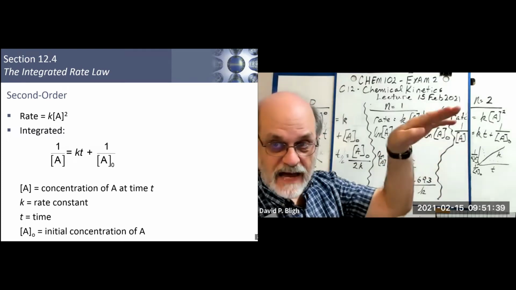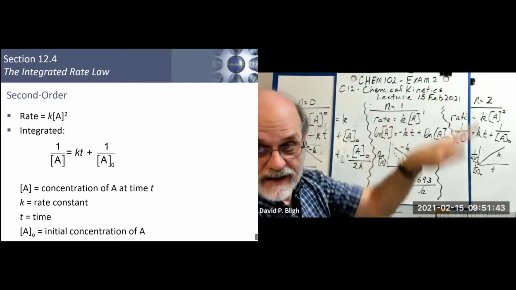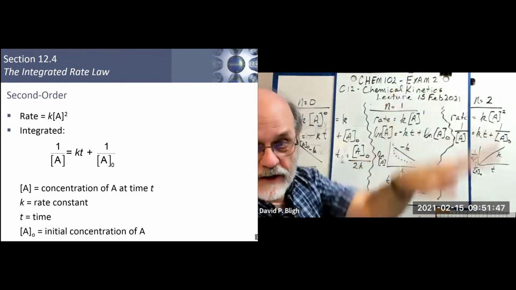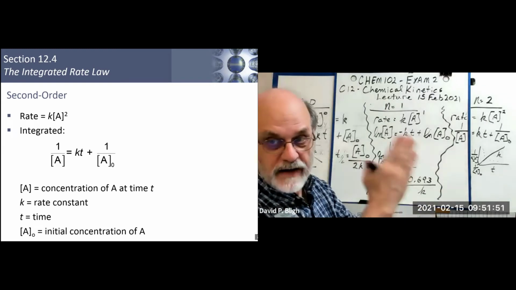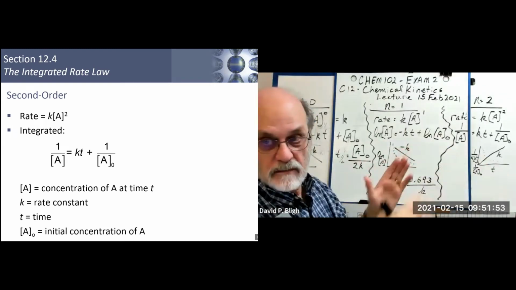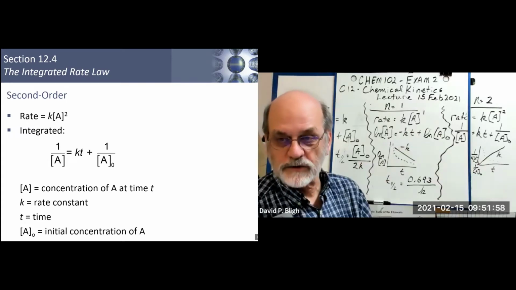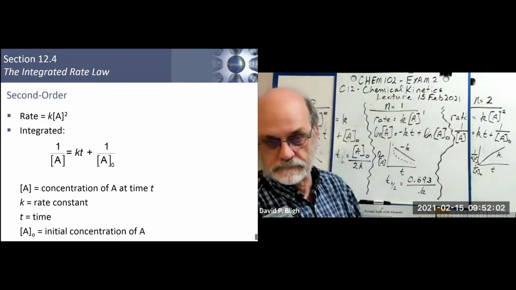Set up your time next to it, the raw data, raw concentrations, then the log transform, and then the reciprocal transform, and plot each of those three and see which one's the straight line. The straight line will tell you whether it's this one, or that one.